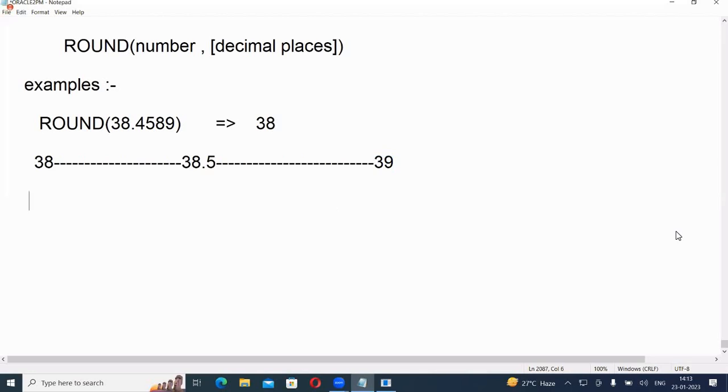So, if the given number is below average, it is rounded to lowest.